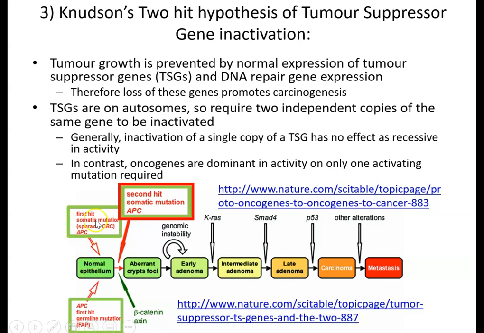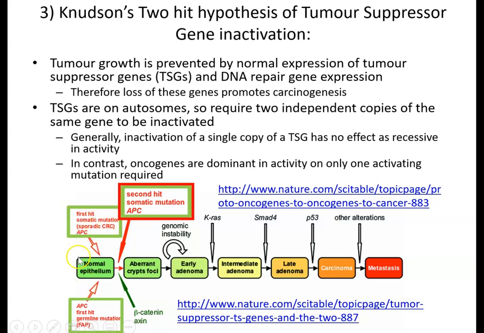If you have a hereditary colon cancer, the first hit could be a hereditary mutation in the APC gene, and that causes familial adenomatous polyposis coli, FAP. That's a hereditary colon cancer syndrome. In most cases, people who are not genetically predisposed, the first hit is a somatic mutation of the APC gene.